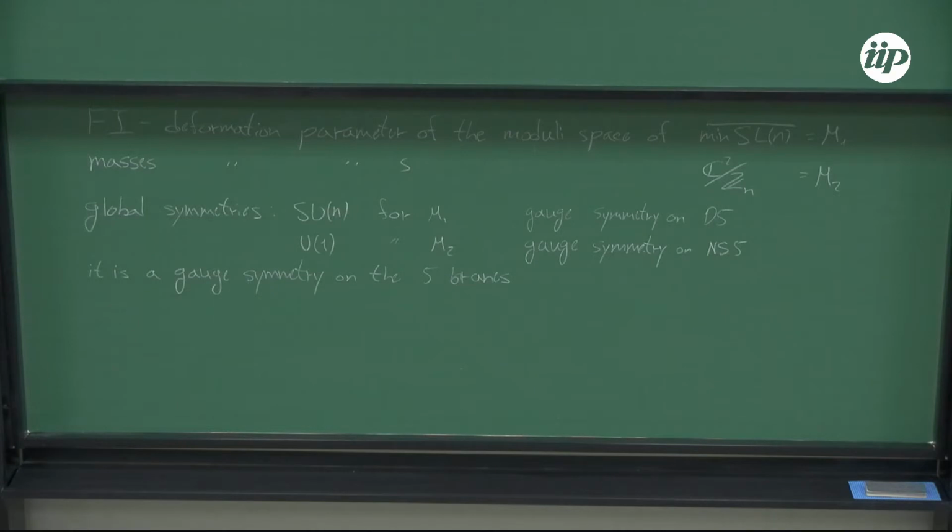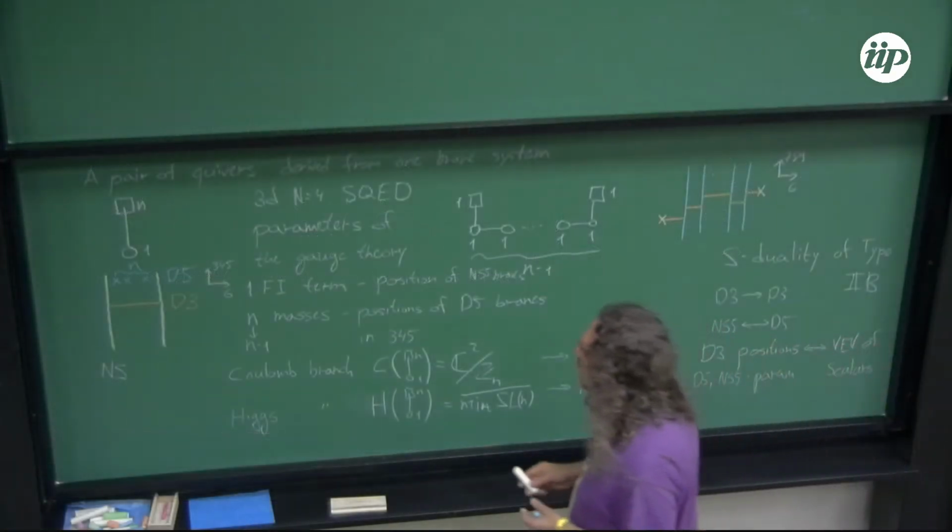Why the Fayet-Iliopoulos term shows up in supersymmetric theories?